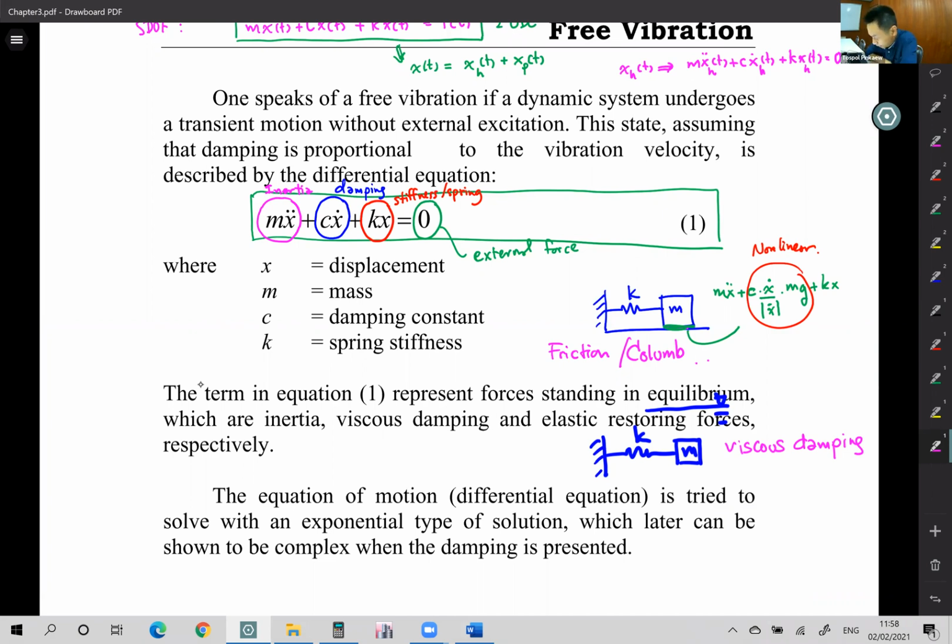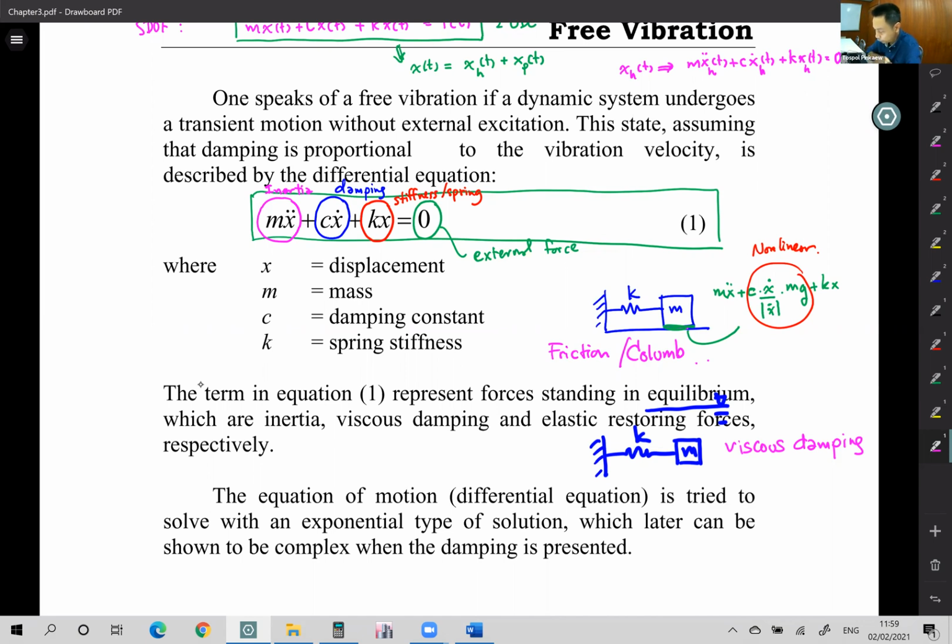The viscous damping has the term C x dot. And the wonderful thing about viscous damping is that the force is proportional to the velocity. If I move my finger faster, I will feel a larger force. Unlike the Coulomb friction damping, if you move a mass that has friction on the table faster, the friction force remains the same.